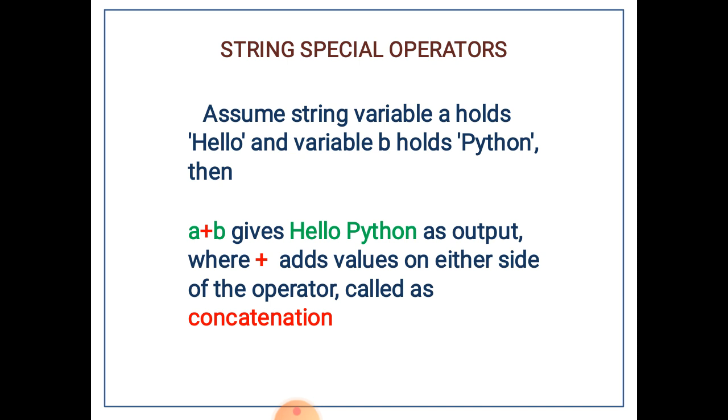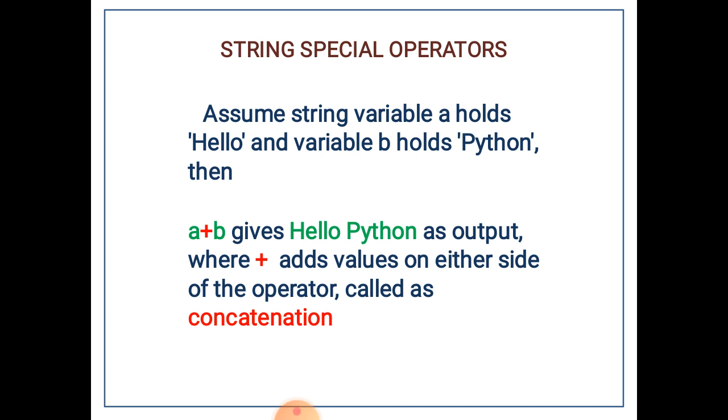So here we are going to see some of the special operators which are applicable on strings. For these special operators, assume that the variable a holds the string hello and the variable b holds the string Python.